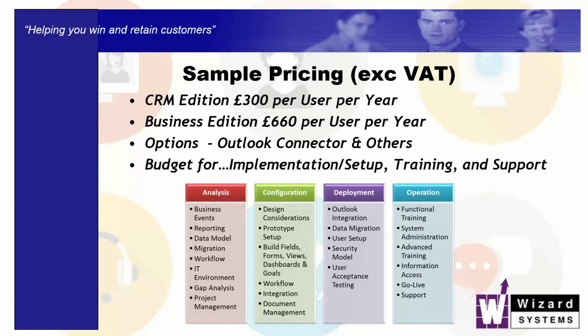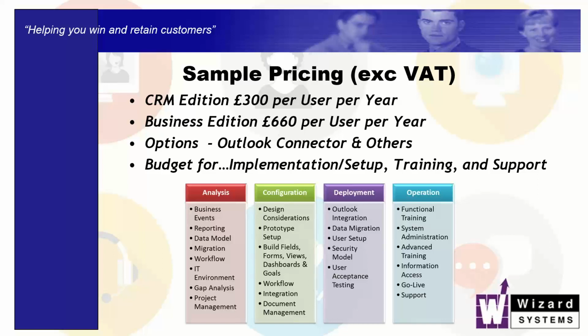Just a quick heads up on pricing of Workbooks. Once we know your requirements, we will give you a formal quotation, which will cover everything that you need and any kind of training and so on. There are two different editions of Workbooks, CRM edition and Business edition, and you can mix and match these two different editions as well, by the way.